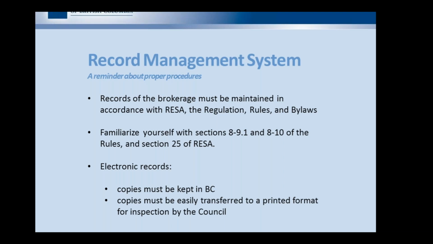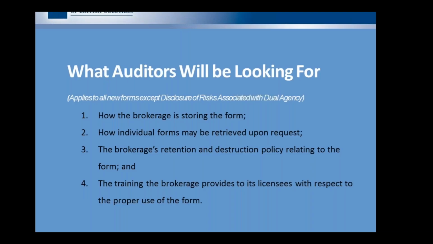Now, here is what I was referring to, what our auditors will be looking for. And this applies to all the forms except the disclosure of risk associated with dual agency, because we'll already have those. How is the brokerage storing the forms?